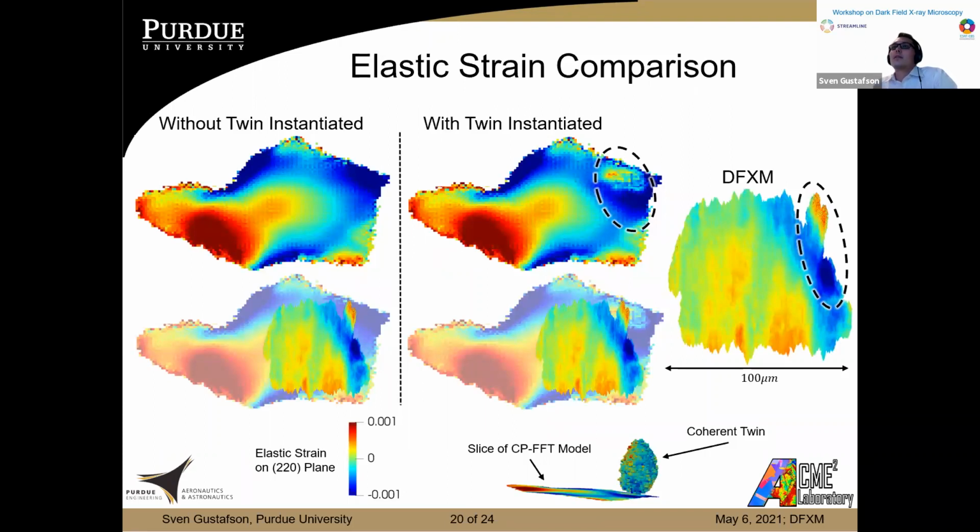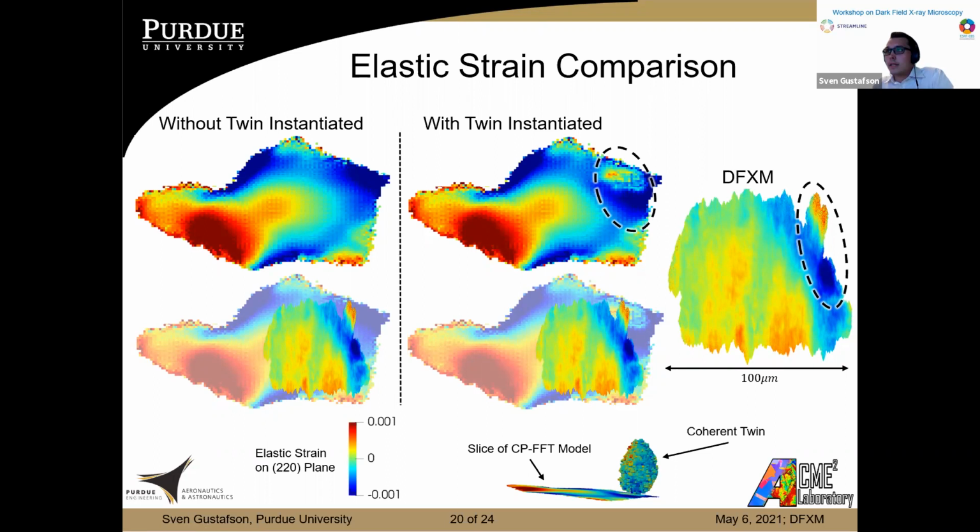We have our crystal plasticity model of our grain of interest in the background, overlaid with the dark field image in the foreground, so you can see that they're on top of each other here. And then here, without the twin and with the twin, this is the elastic strain on the 220 planes.